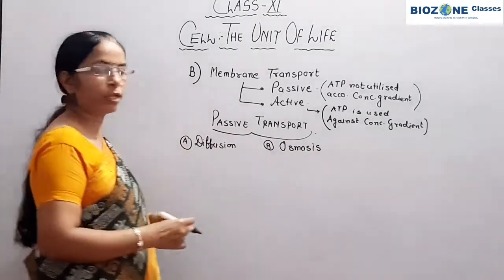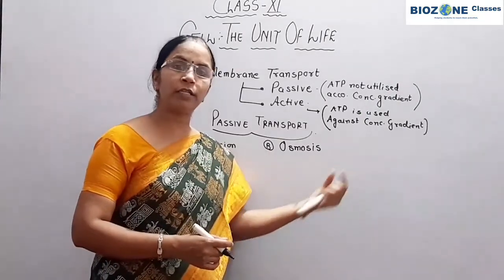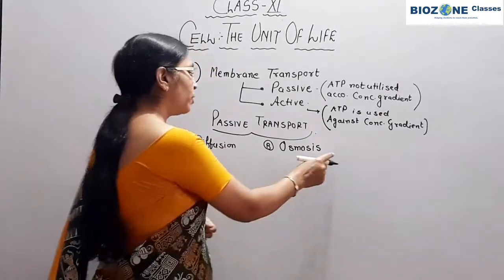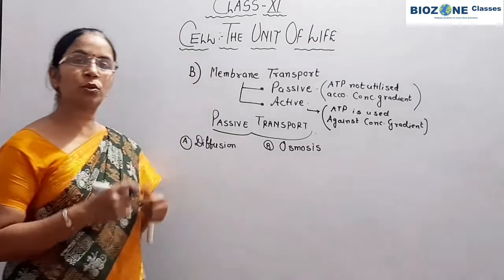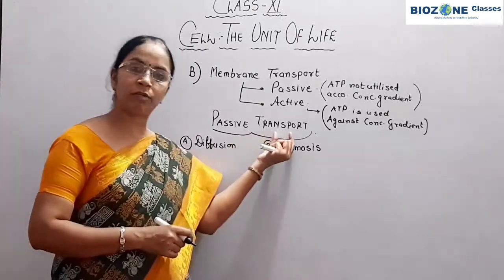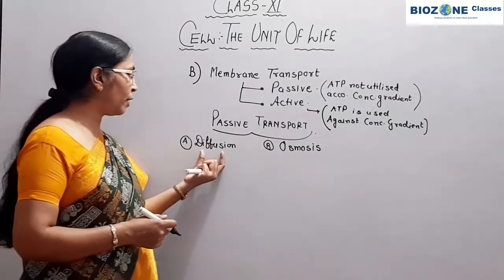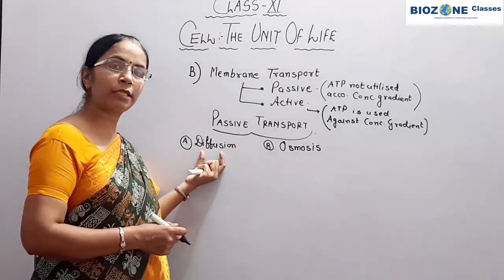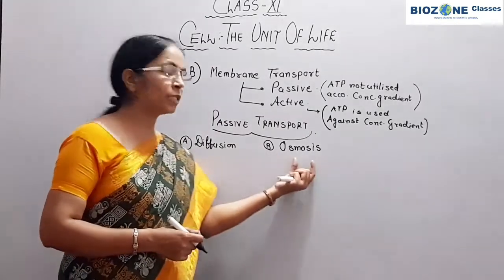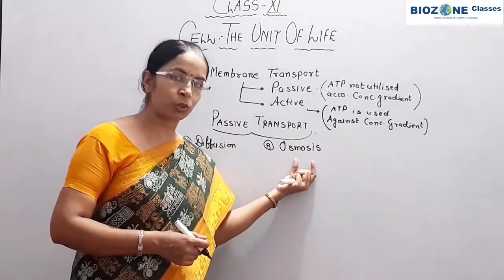In addition to that, some ion channels are also there. These ion channels are also responsible for passive transport, but up to your syllabus you mainly remember that passive transport takes place by diffusion as well as by osmosis.